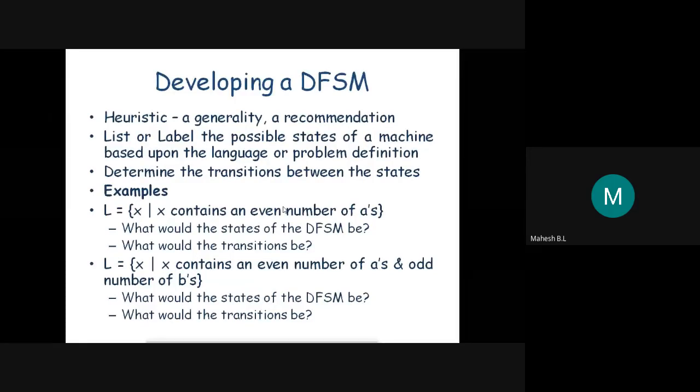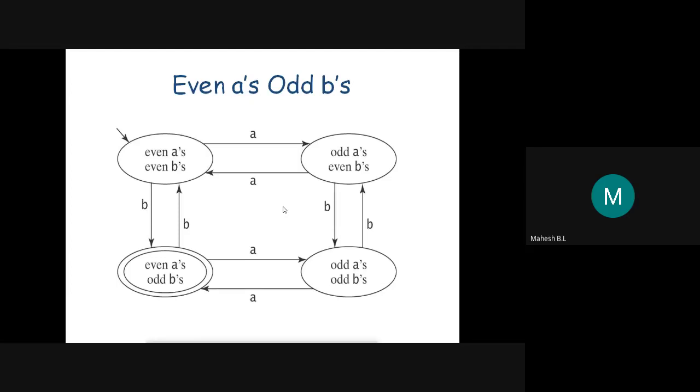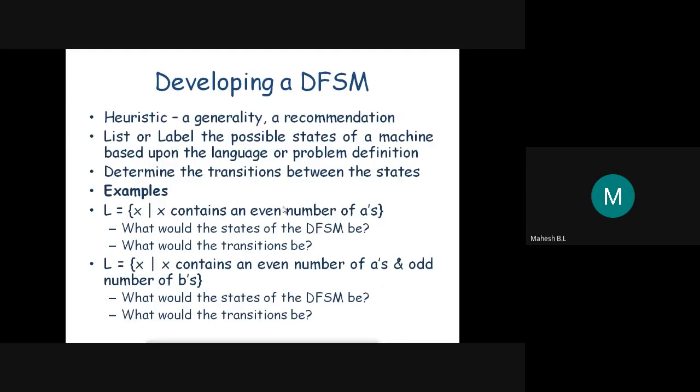Another is odd A, even B. Another is odd A, odd B. So any string composed of A's and B's has one of these 4 combinations.